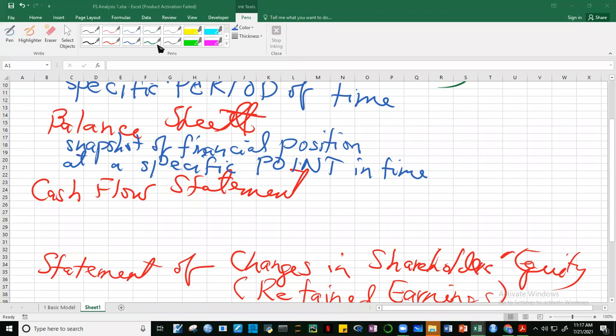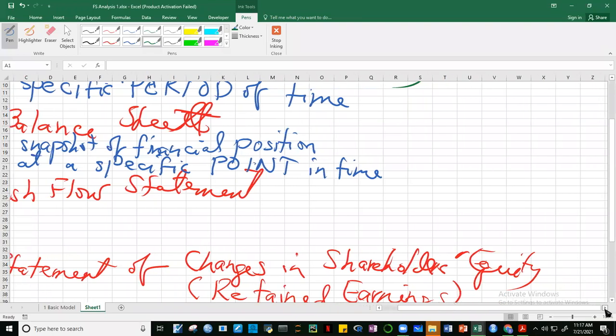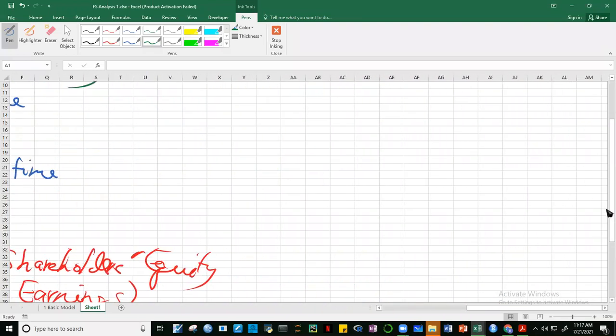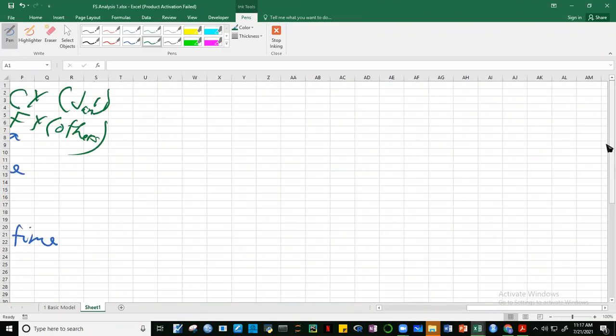In particular, the assets. The asset side. So on the asset side of the balance sheet, guys, what are the two main classifications of assets?